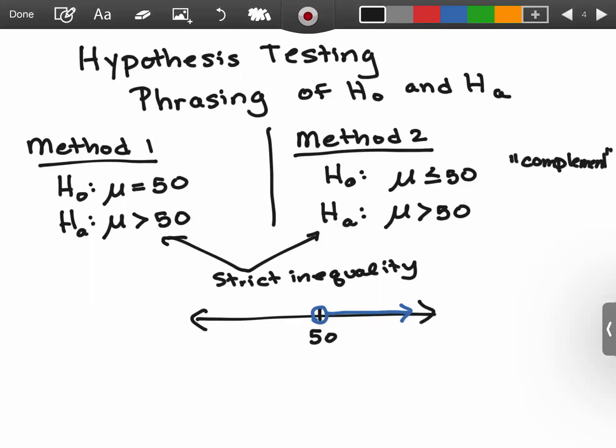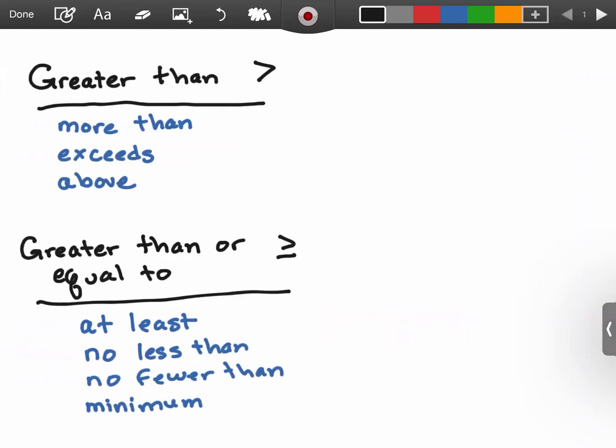All right, so just to review, here's some terminology. If we have a word problem that says greater than, or more than, or exceeds, or above, we use the greater than symbol. If it says at least, no less than, no fewer than, or at a minimum, or it says greater than or equal to some number, we're going to use this greater than or equal to symbol.